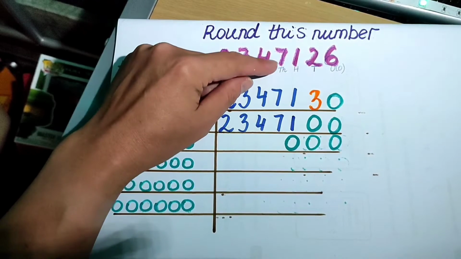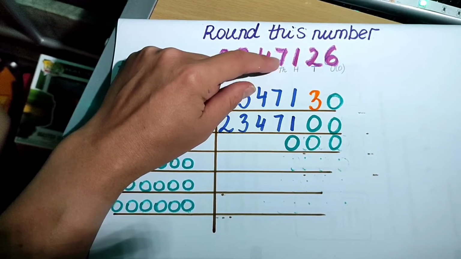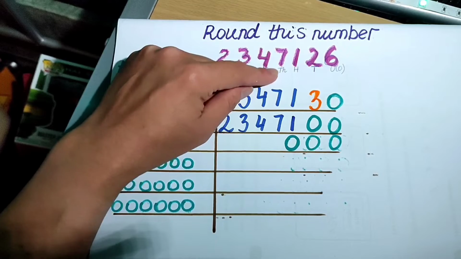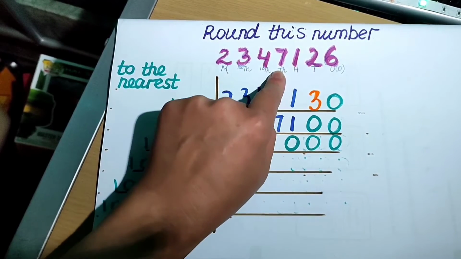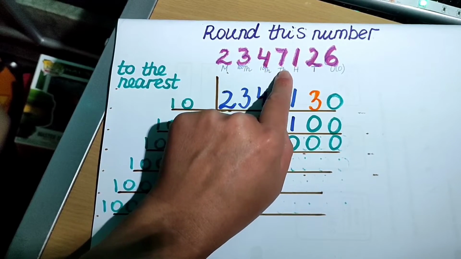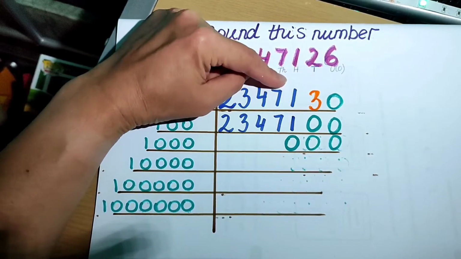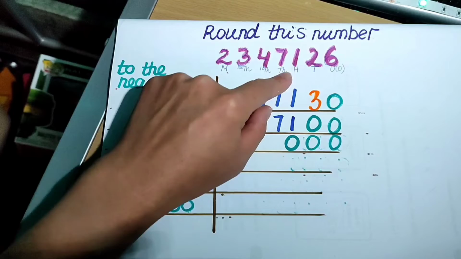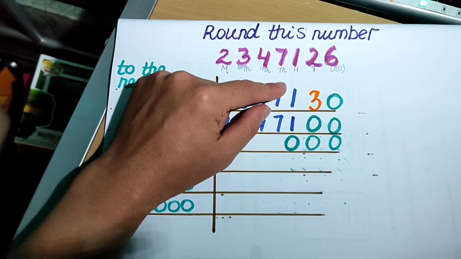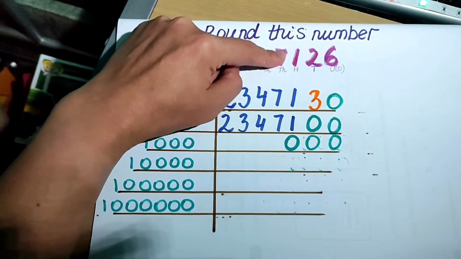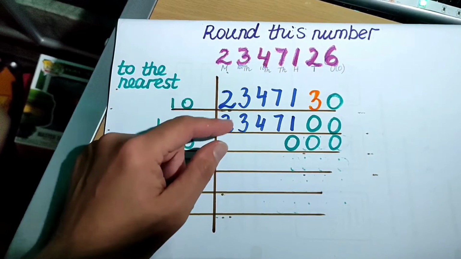Okay, so this is our 7,000. Now, to determine if it stays the same or if it rounds up, we're looking at our hundreds unit. And now hundreds, we've only got 1. If it's less than 5, our number stays the same, so 7 stays the same.